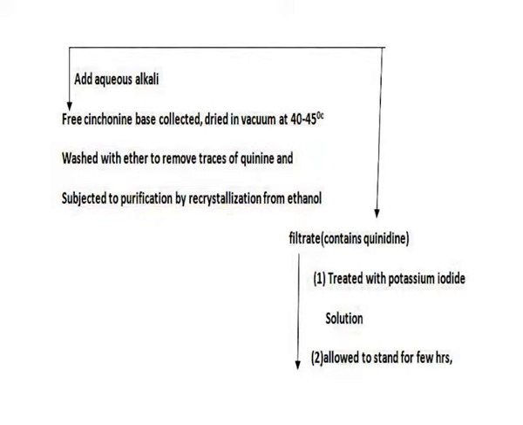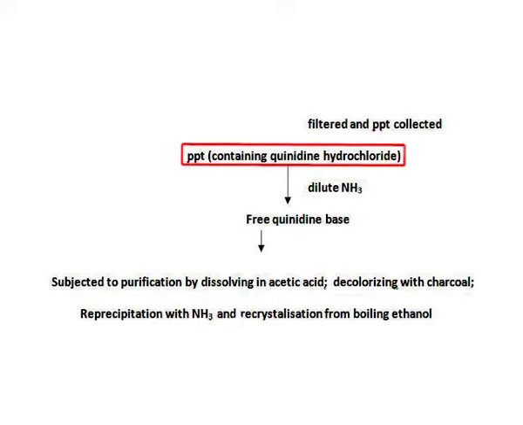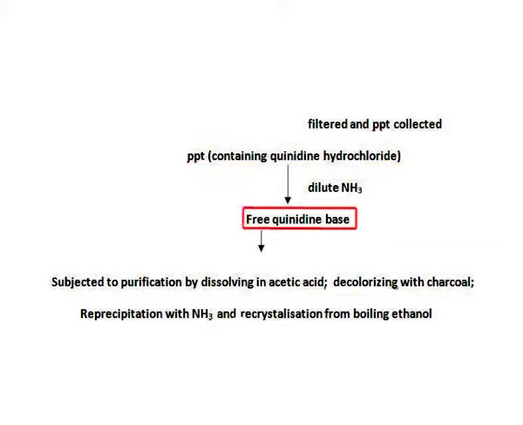The filtrate containing quinidine is treated with potassium iodide solution and allowed to stand for a few hours. After that, it is filtered and the precipitate is collected. The precipitate contains quinidine hydrochloride. To this, dilute ammonia is added and thus we get free quinidine base.